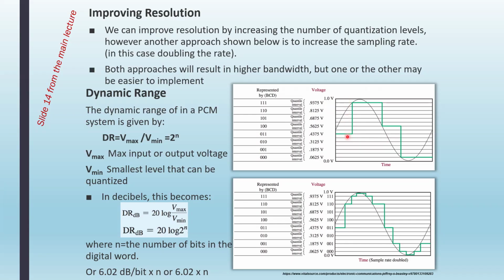If you improve it one way, horizontally, take more samples, you're going to get a better representation of the signal if you do just that alone. Or if you improve vertically here, you also may get a better representation of what's coming in reality.